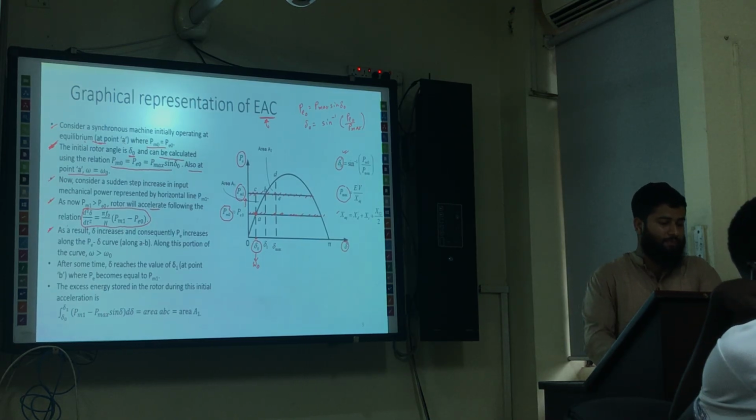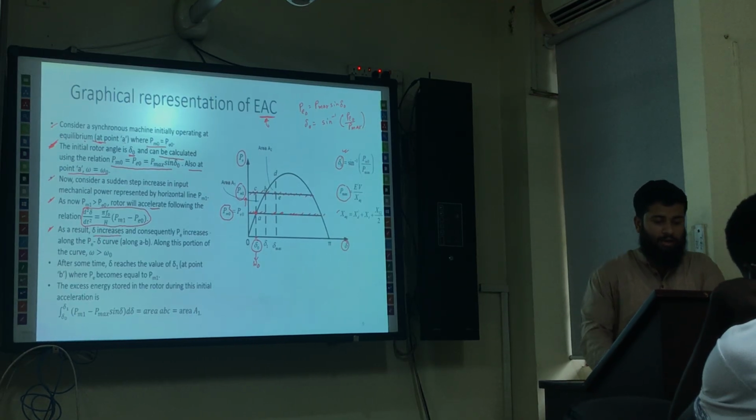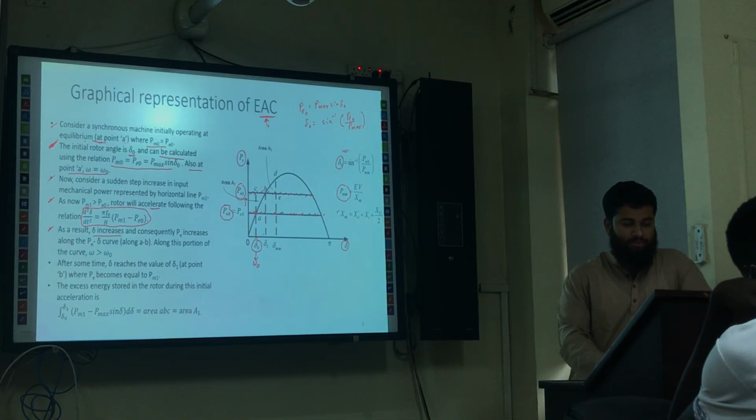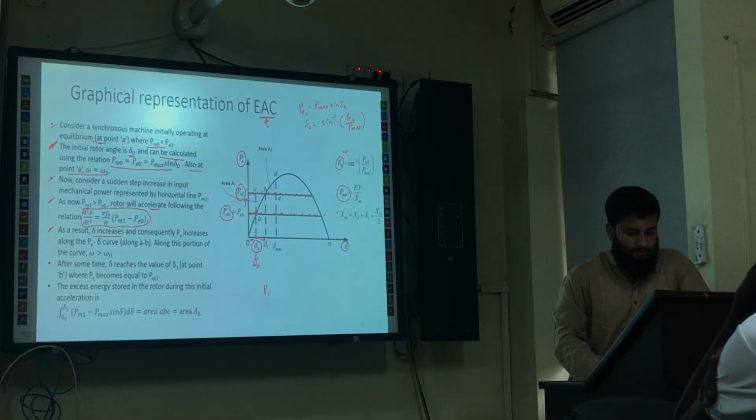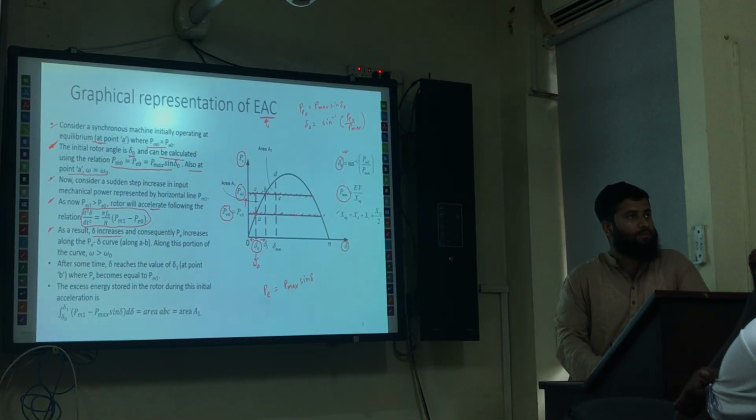Now point 5. As the rotor is accelerating, what will be the value of delta? Will it increase or decrease? Obviously it will increase, right? The delta value will increase. So if delta increases, will delta go to the right side or left side? Obviously the right side, because on the right side we are getting the higher delta. And we know that P depends on the value of delta using this equation.